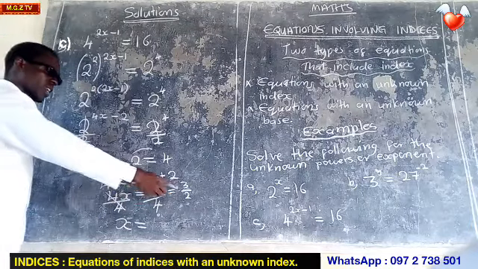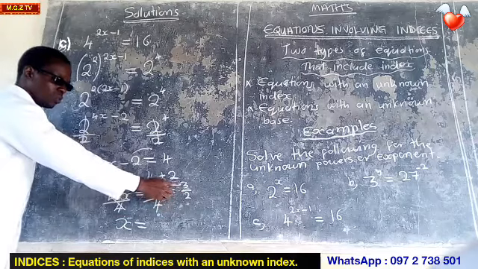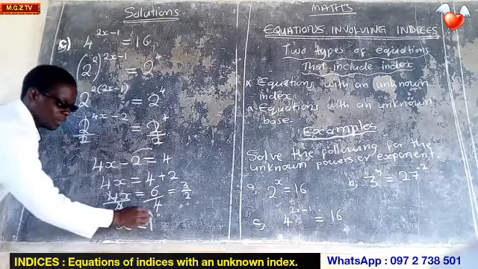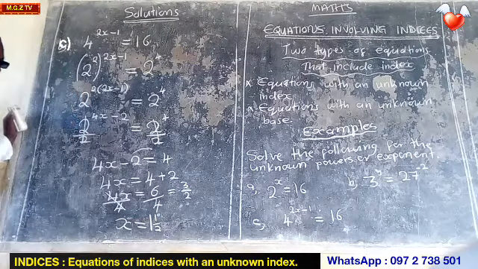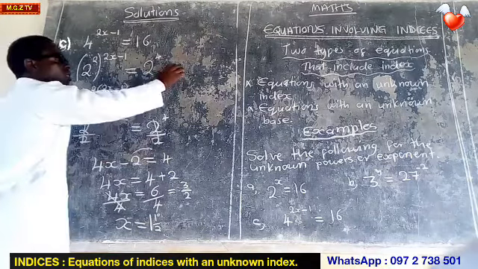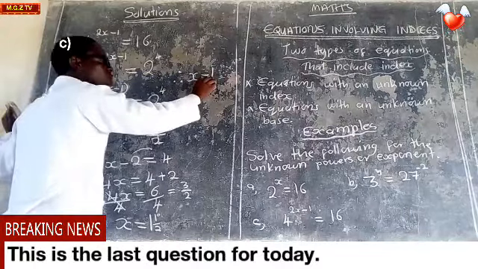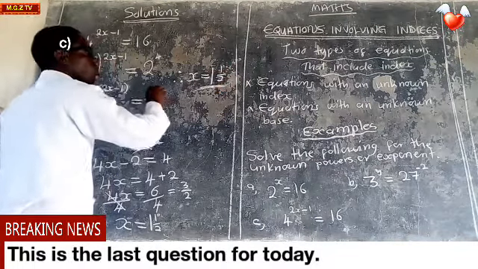So now I can leave the answer in this form or divide 2 into 3. I'll have 1 remainder 1 over 2. Therefore, my x is equal to 1 whole number, then 1 over 2.